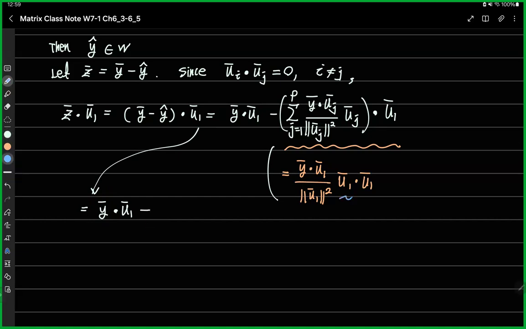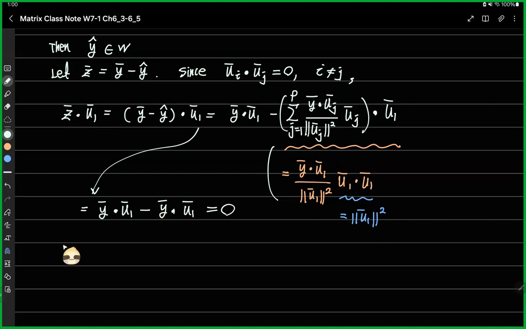Look at this: the dot product of the same column vector is equal to the square of the L2 norm of u1. The norm is a scalar, so the denominator cancels, and we get only the numerator, so we just copy it here: y dot u1. This equals 0. So z dot u1 equals 0.